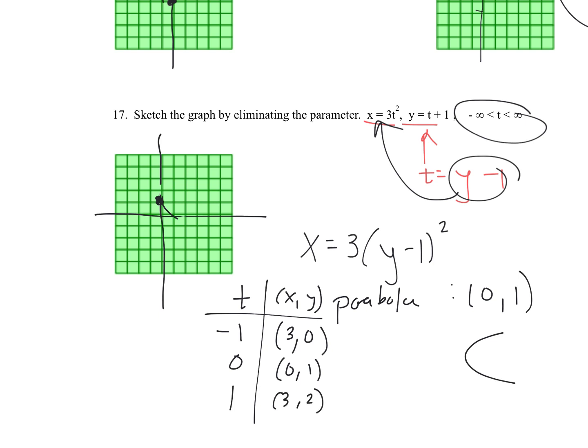So let me plot these 3: 3, 0, 0, 1, and 3, 2. Now again, if I look at the timeline of events, I go from 3, 0, so here, to there, to 3, positive 2. And so we can see the order that the parabola arc needs to go. It needs to go from bottom to top.